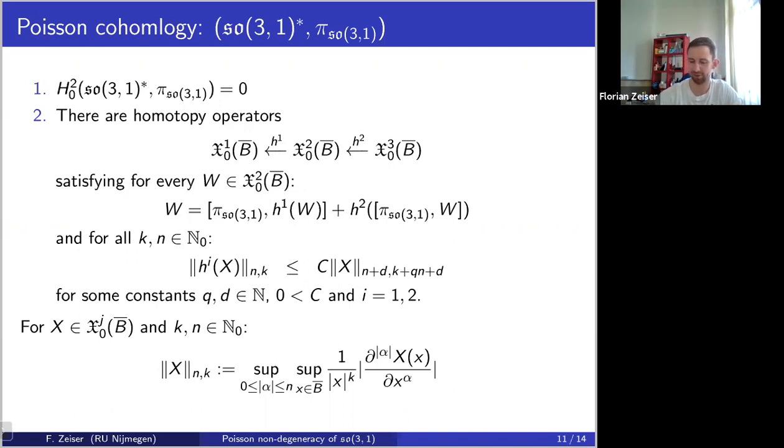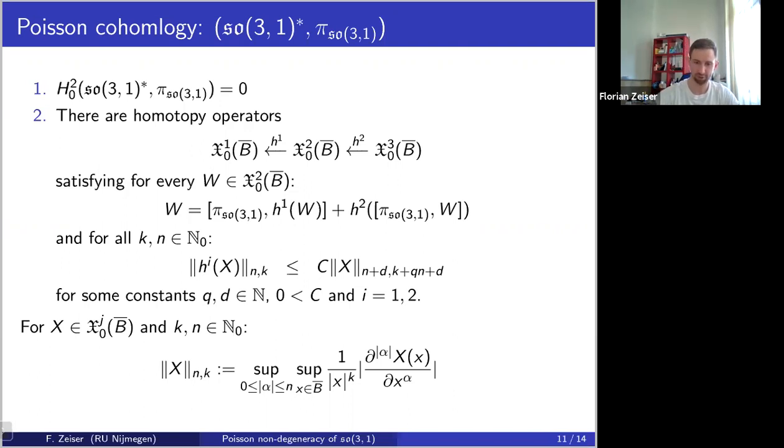This norm is really only defined for vector fields which are flat at 0, because otherwise it would explode. For norms defined in this way, we obtain for our homotopy operators the estimates described here. The important thing is that the derivatives do not change too much; where it really increases is the k term. What we do in our proof is show that the Nash-Moser technique for such estimates can still be applied for these norms.